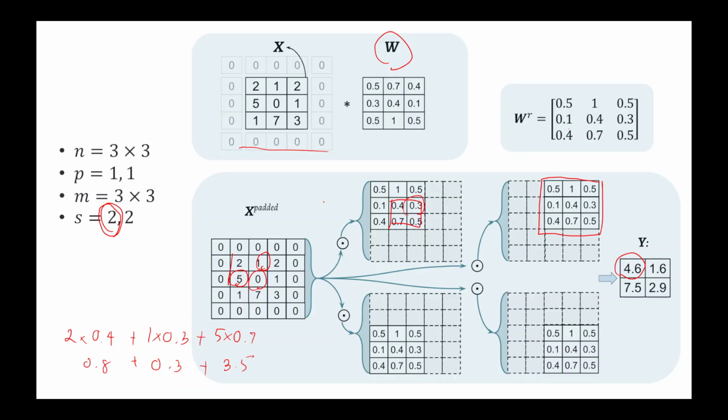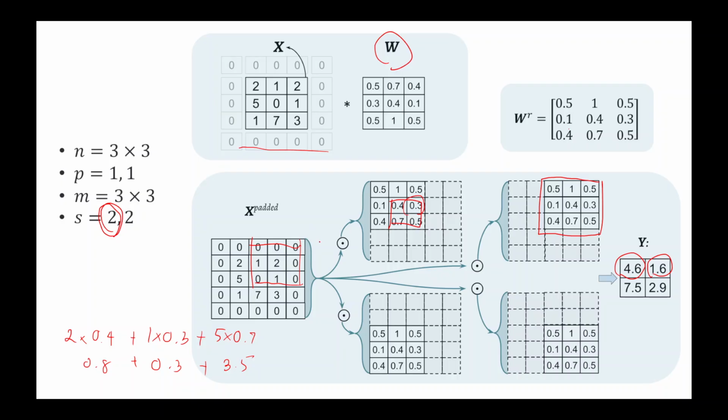If my stride equal to 1, then I cannot skip the block. Here I skip one block, go to the right, and I perform another convolution with the original image. It's going to be along this block. So I do the multiplication and the summation in order to get 1.6. That value is in the output image, okay?